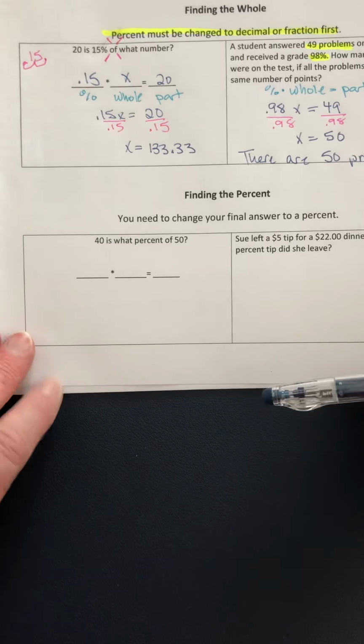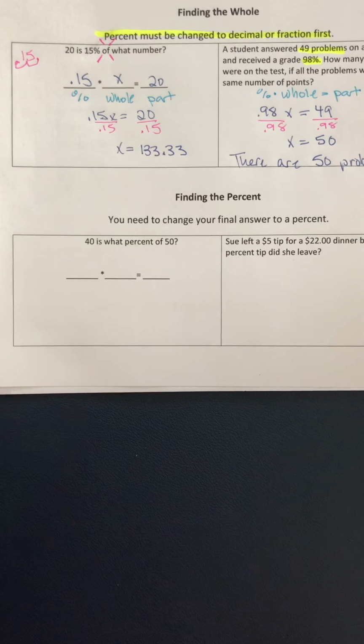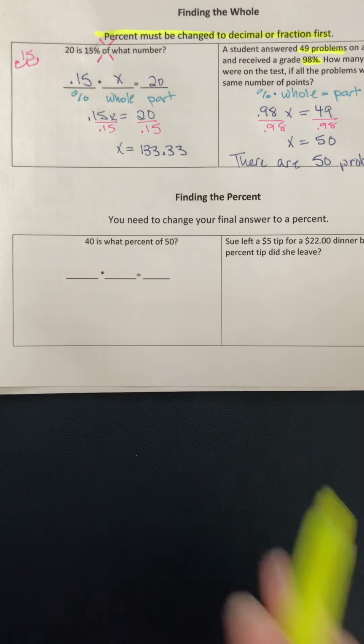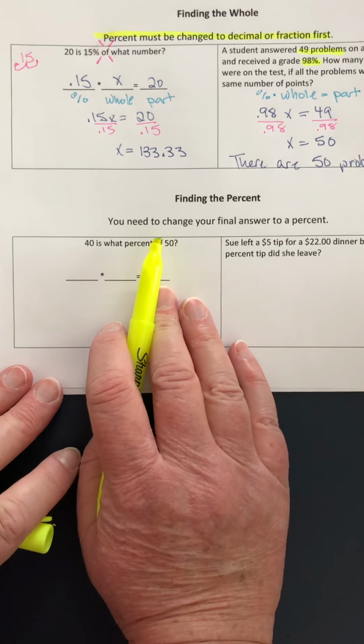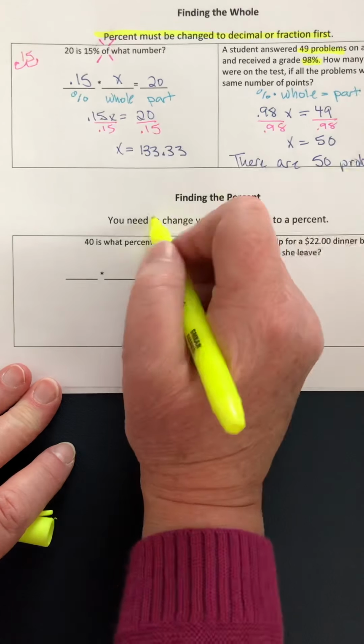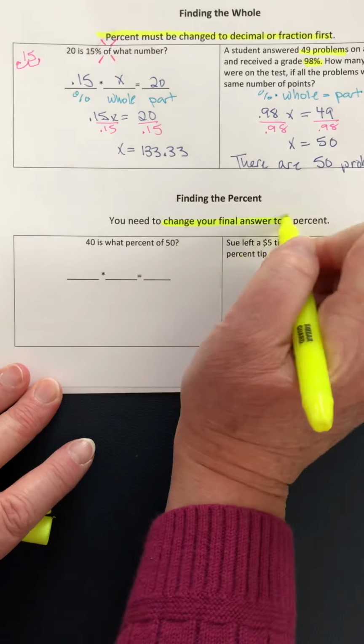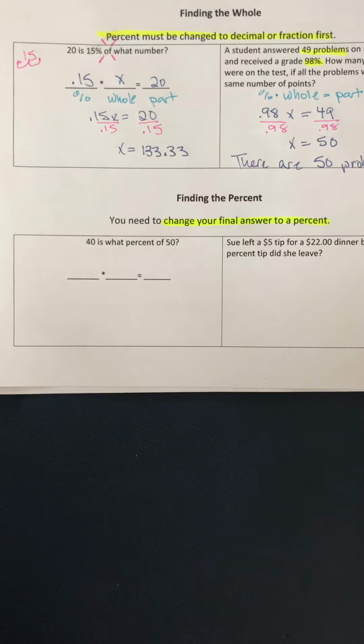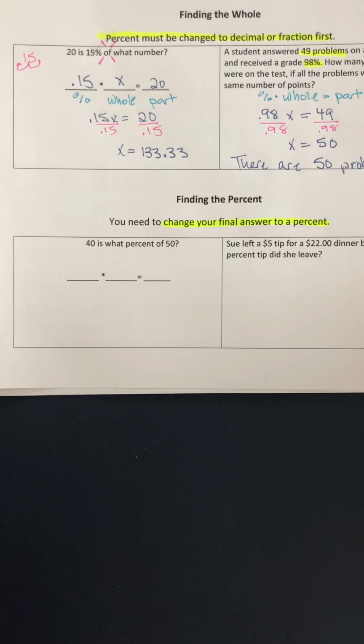Okay, so now let's do a couple examples of finding the percent if we're missing the percent. In here, your answer is going to come out as a fraction or a decimal, so your final answer needs to be a percent. Okay? So 40 is what percent of 50?